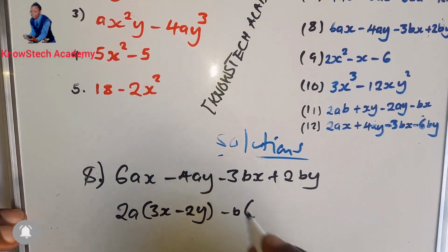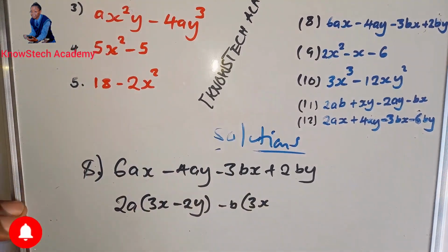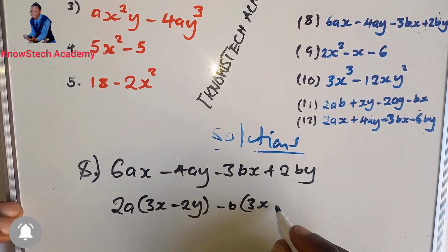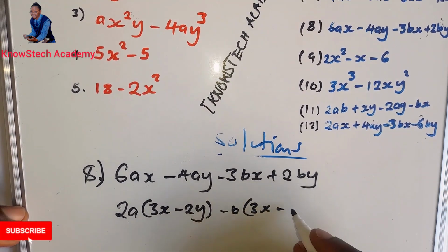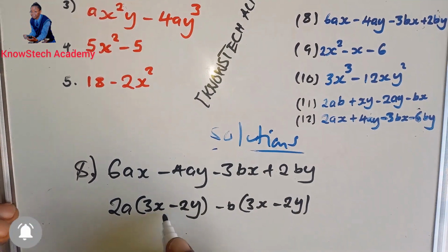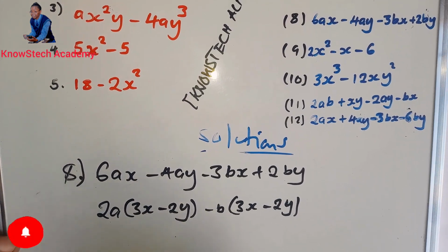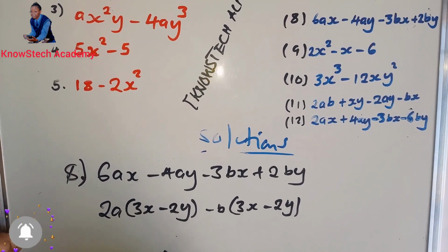So negative and negative here is positive 3. b and b will cancel, it will be just the x. Negative, positive is negative. b and b will cancel, it will remain with the 2y. Okay, so they are identical, which tells us that we are doing the right things so far.